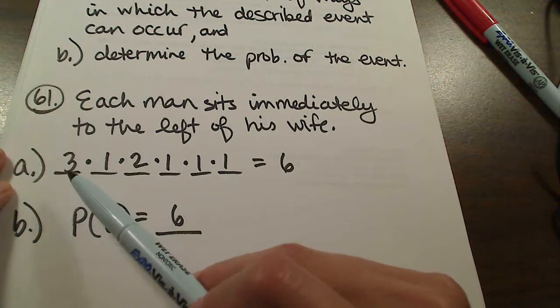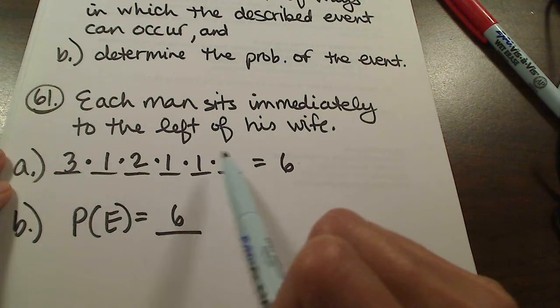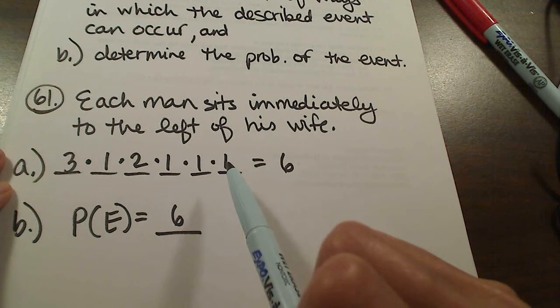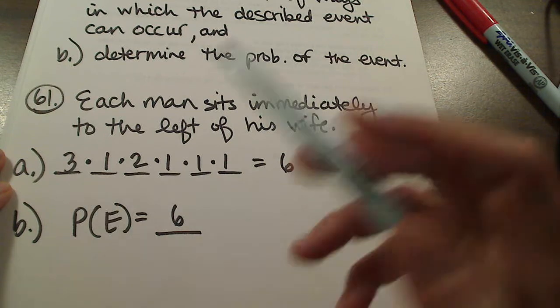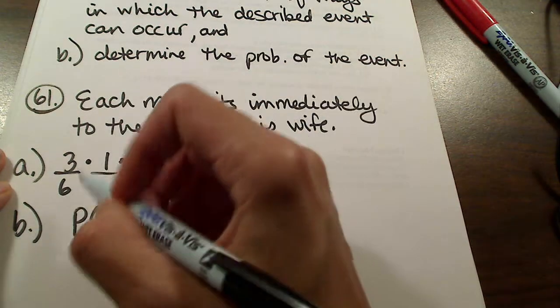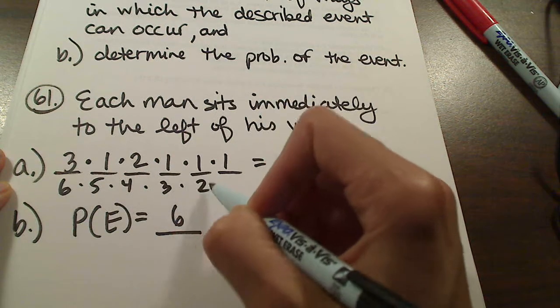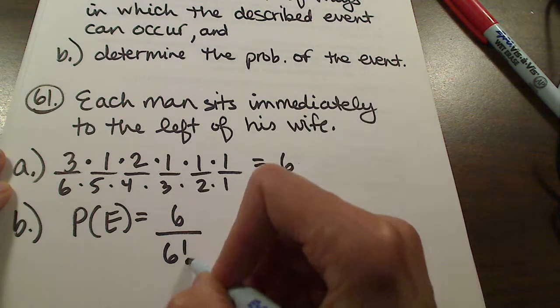The total number of possible outcomes is in how many ways we can place 6 people in a seating arrangement like this. That would be 6 factorial, because you would have 6 ways to place the first person, 5, 4, and so on. And there's no restrictions.